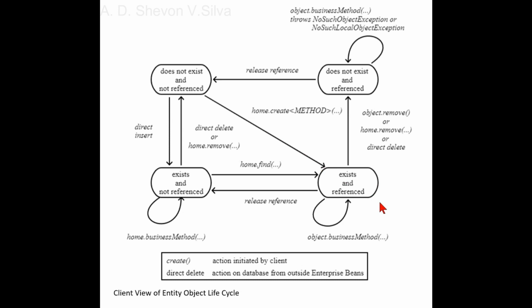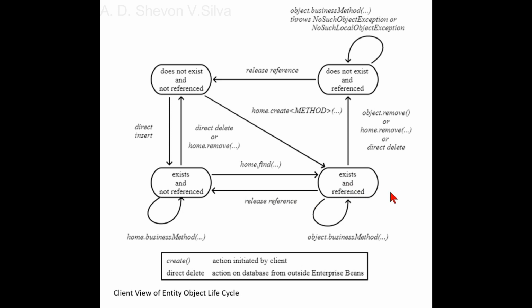In an environment with legacy data, entity objects may exist before the container and entity beans are deployed. In addition, an entity object may be created in the environment via a mechanism other than by invoking the create method of the home interface, for example by inserting a database record. But it still may be accessed via finder methods.